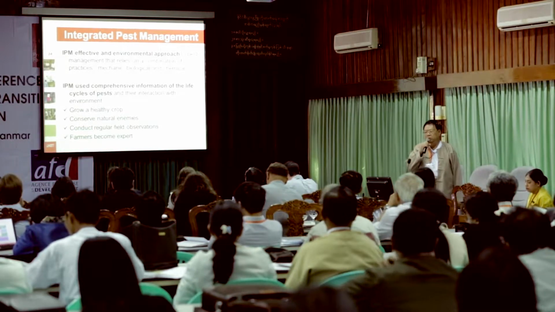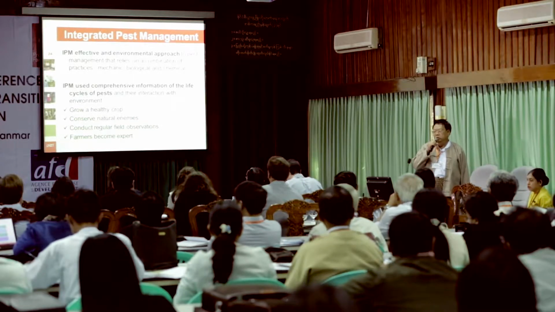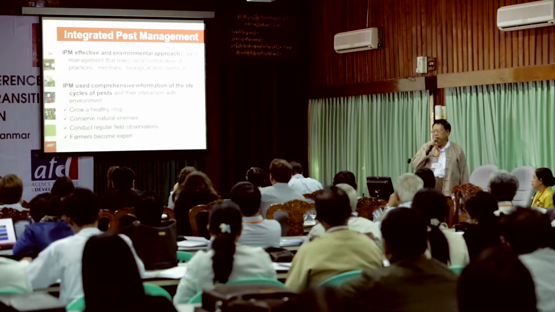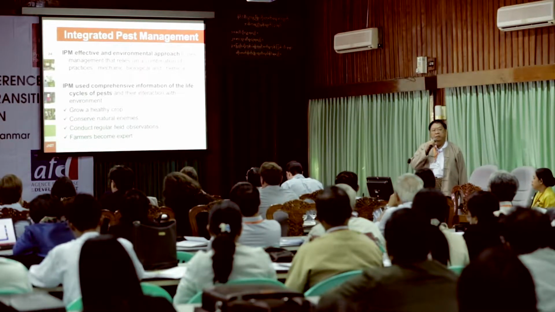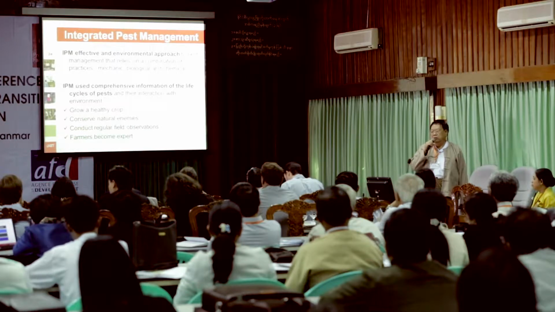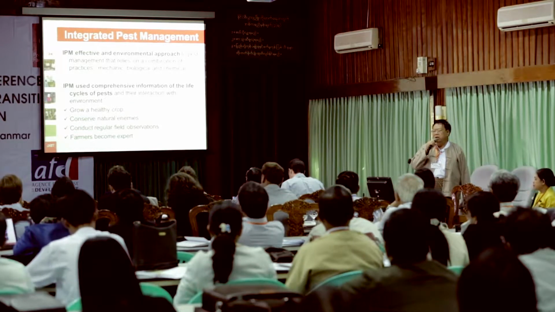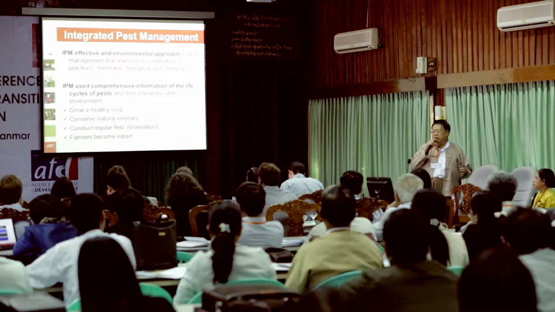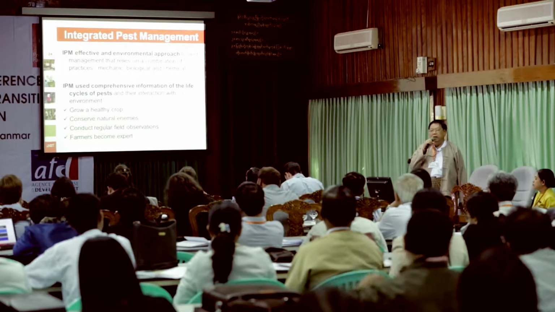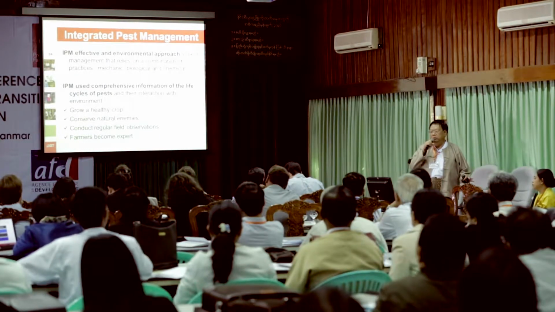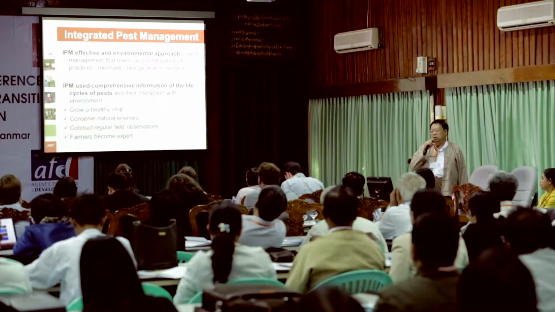This approach to pest management relies on a combination of practices like mechanical, biological, chemical, and cultural control. In order to apply IPM, the farmers need comprehensive information on the life cycle of pests and their interaction with the environment. It's really an ecological or agroecological approach.